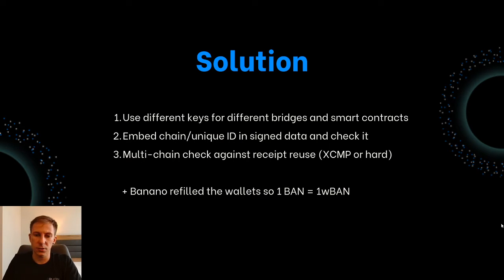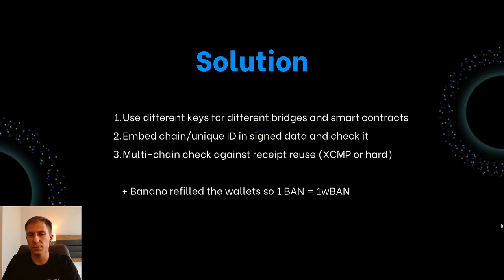Because if you want a simple, quick and dirty solution, you can use different keys for the different signatures coming from the bridge. So you sign with one key for Polygon and you use another key for signing to Binance Chain.